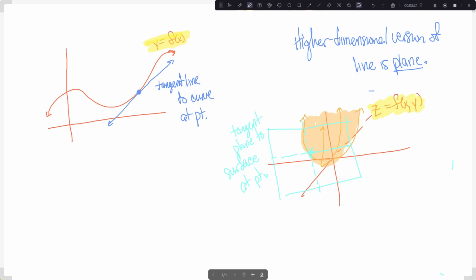If we interpret these, we can reinterpret y equals f of x as y minus f of x equals 0.